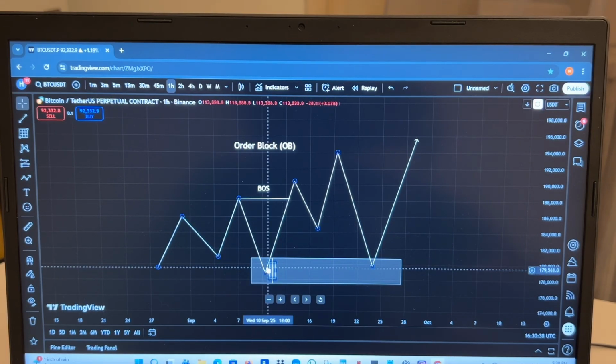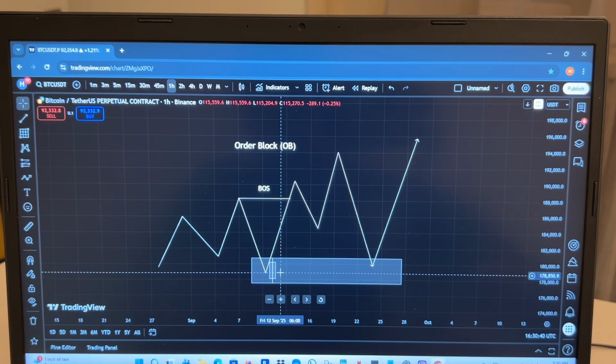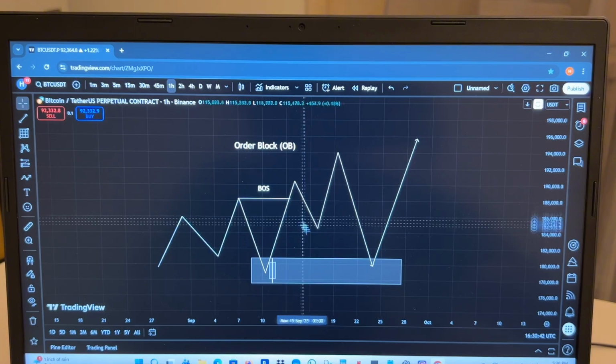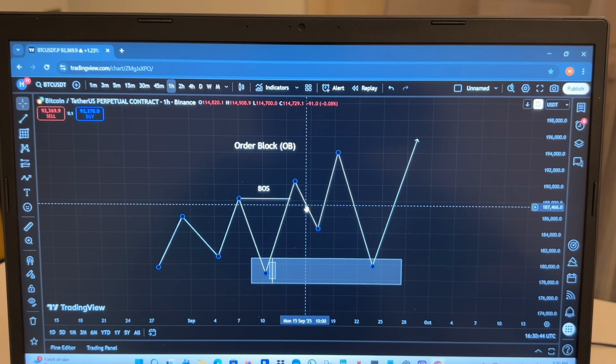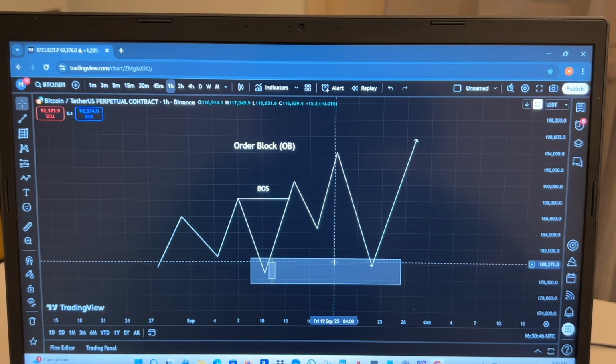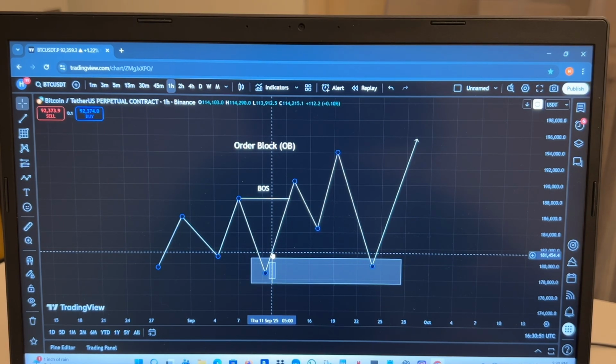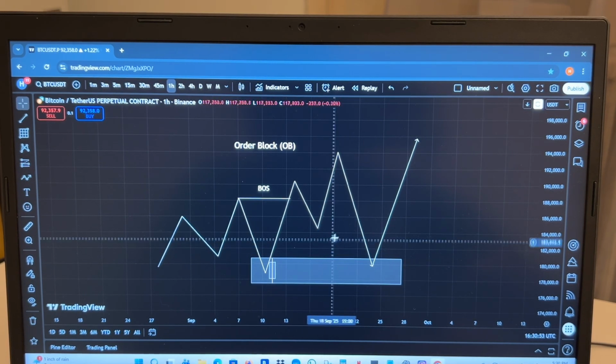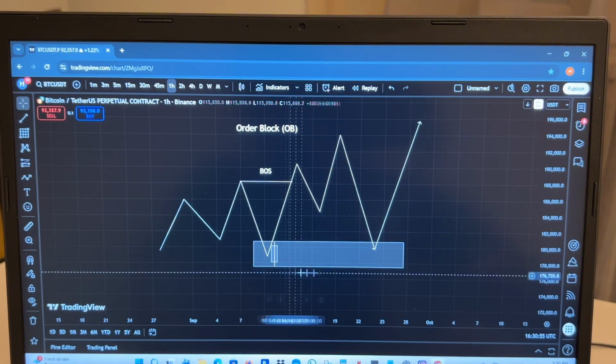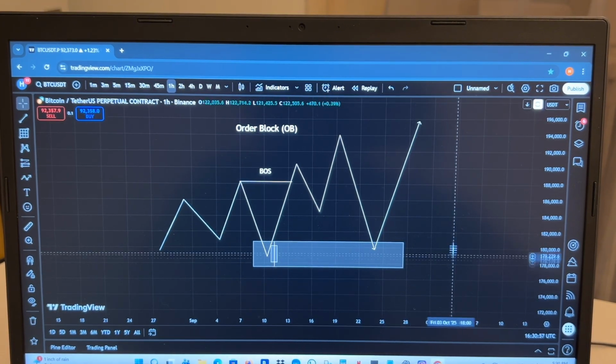Let's say right after making this BOS, it has made a valid FVG. If the market has made a valid FVG right after making a BOS, the lowest point of that BOS becomes extremely powerful.